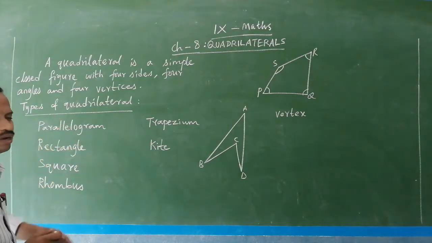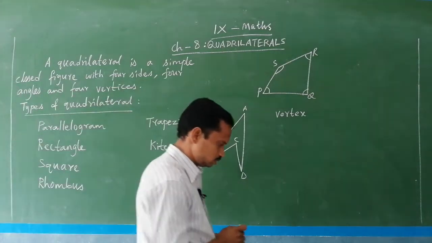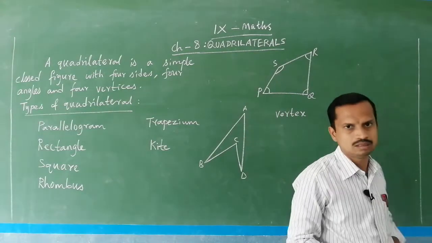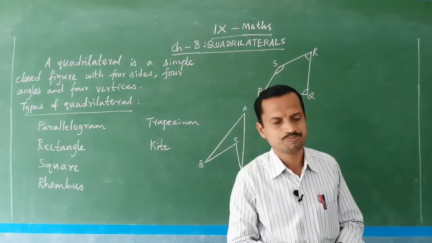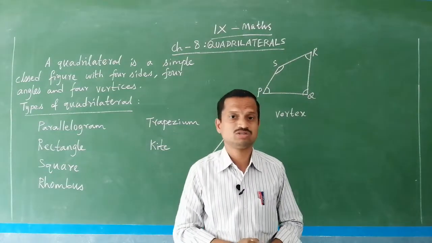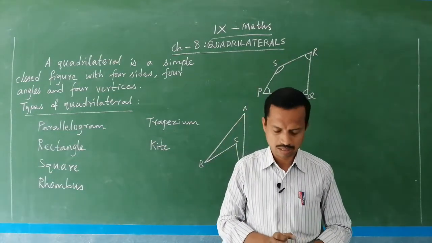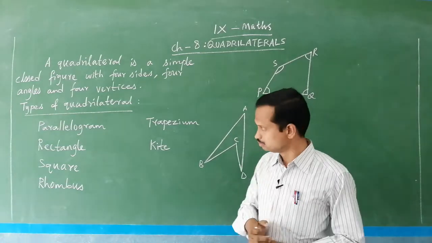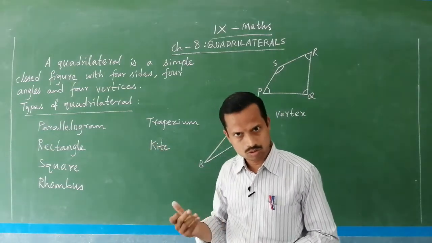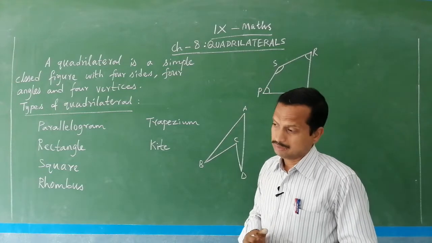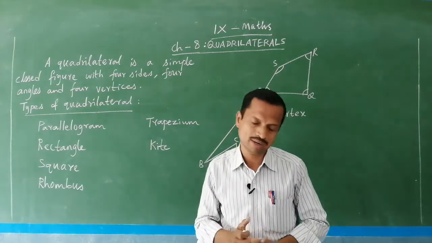And types of quadrilateral. So types, you have learned in 8th standard itself. The chapter is understanding quadrilaterals. There you have read what is a quadrilateral and also the types and the properties of every quadrilateral.